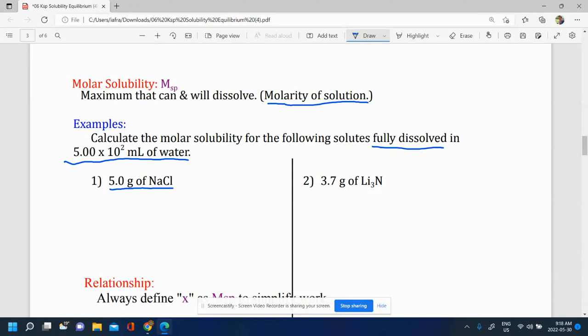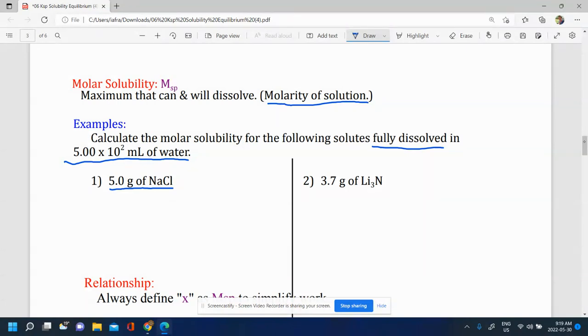If that's the maximum, then that's the molar solubility that I'm asking you for. Essentially, I want you to tell me the molar solubility, not in grams per mil, but in moles per liter.